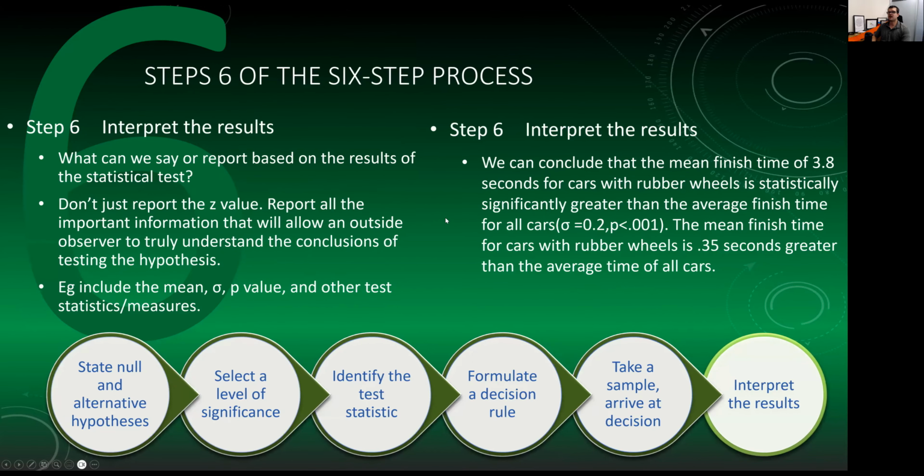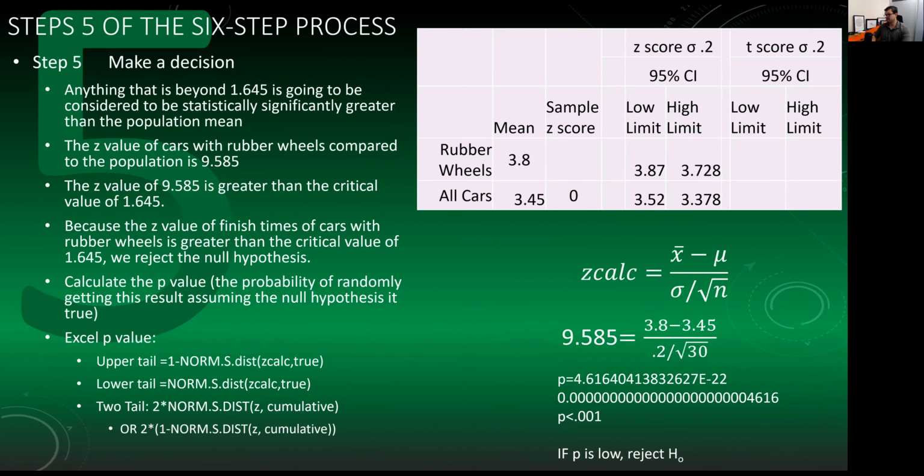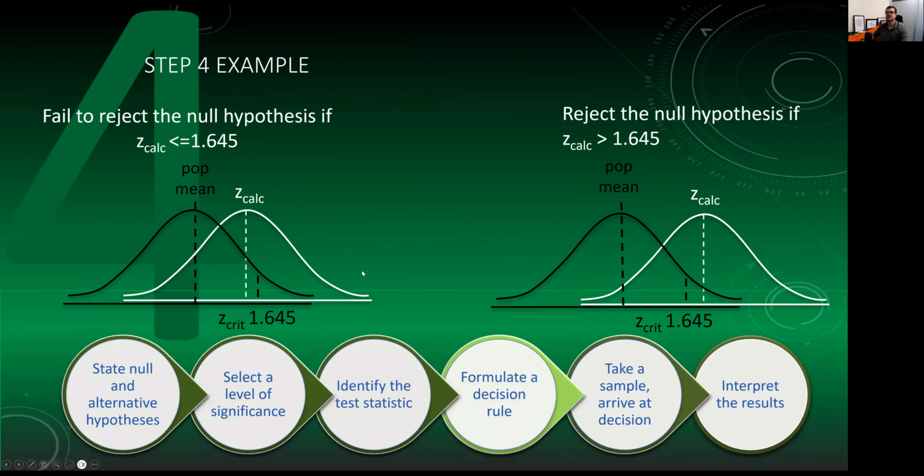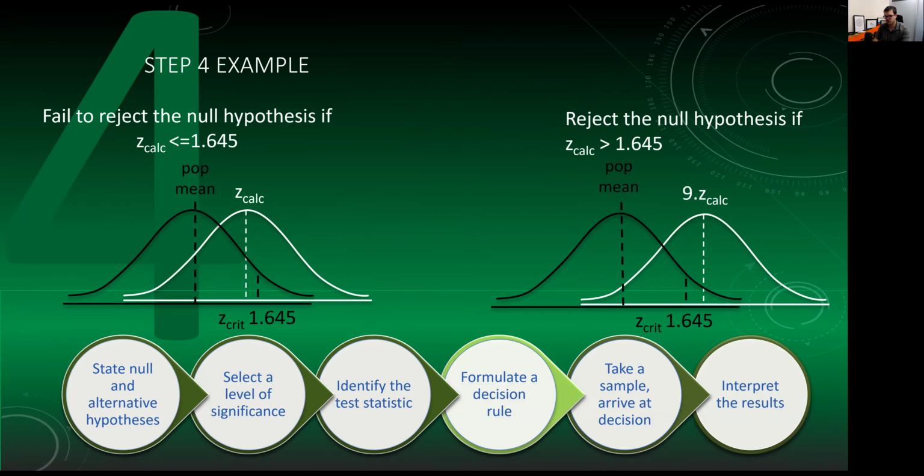So we reject the null hypothesis because the p is low and also the z calculated is in the area of rejection. And so the z calculated is all the way over here. So we've got a z calculated of 9.58.